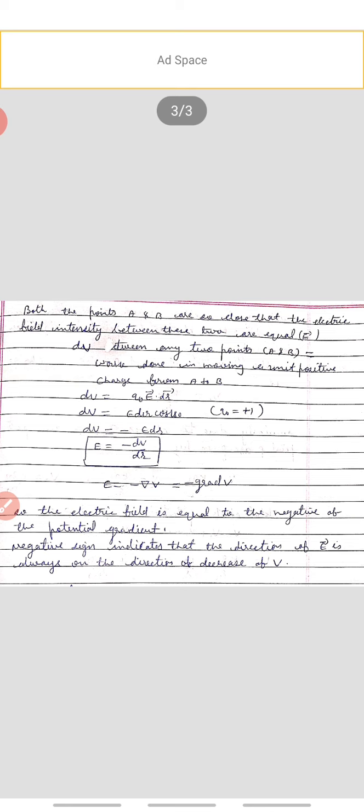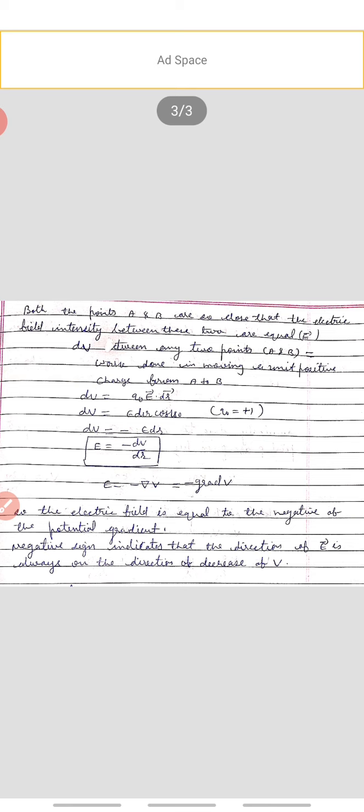dV between any 2 points A and B is given by the work done in moving a unit positive test charge from A to B. This is the potential difference, and dV equals Q naught E dot dr. We know that the angle between E and dr is 180, so we get dV equals E dr cos 180.